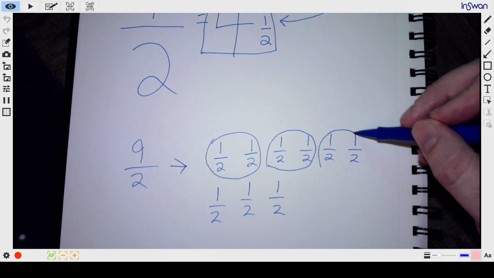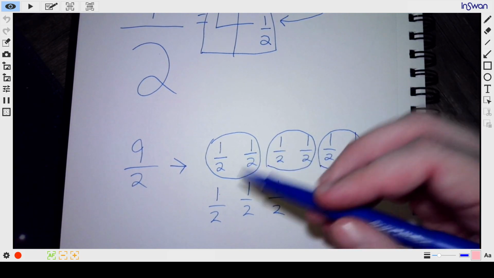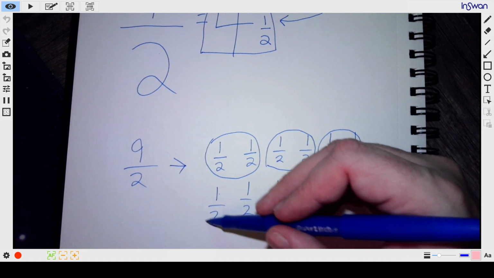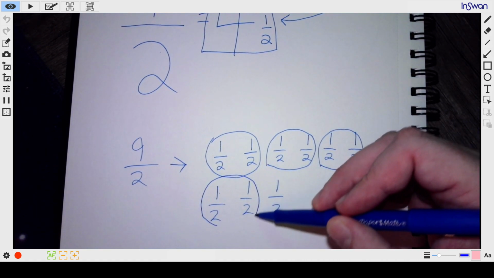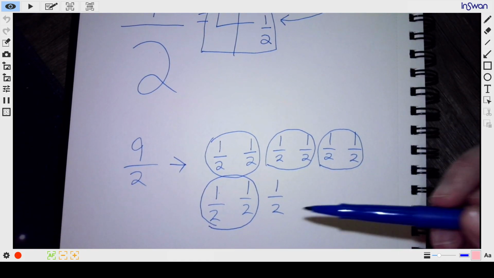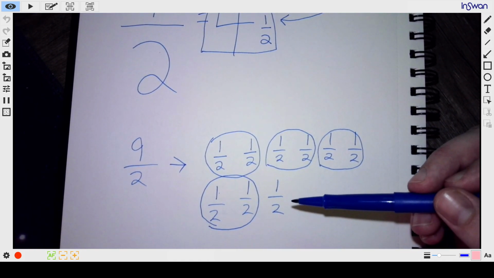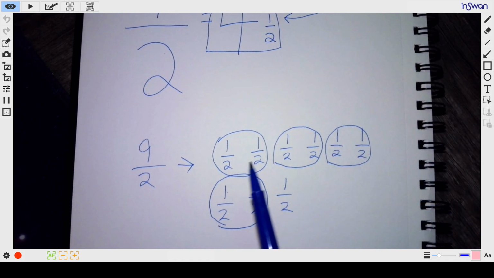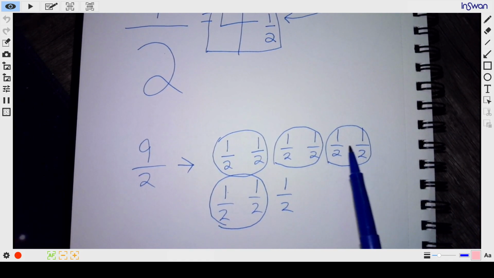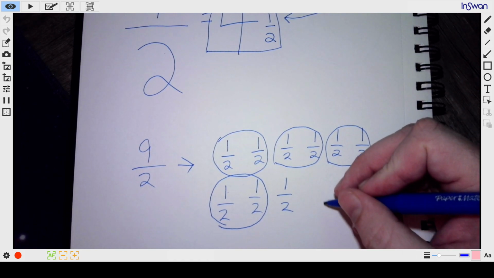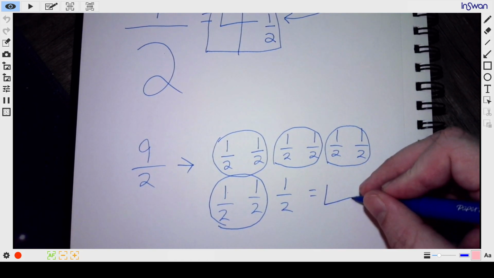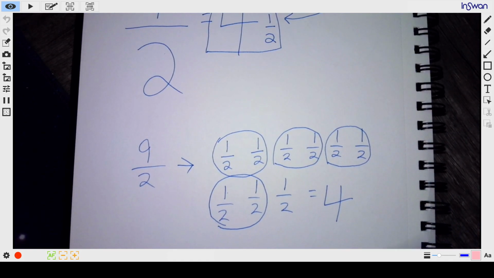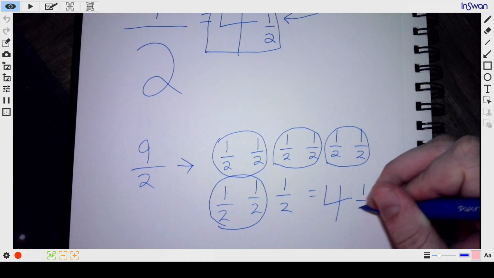There's another whole. 1 half, 2 halves. There's another whole. And finally, I'm left with that 1 half, and I don't have enough to make another whole. So I'm ready to make my mixed number. So I got 1 whole, 2 wholes, 3 wholes, 4 wholes. So there's my whole number. And then I had 1 half left. So I will place it right there.